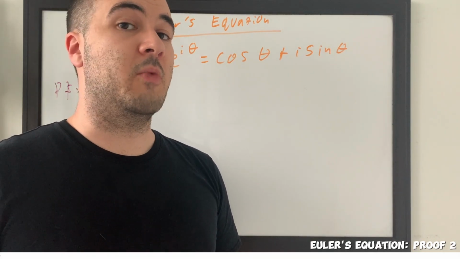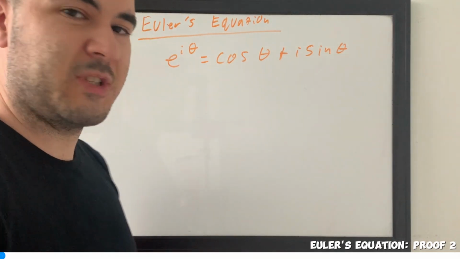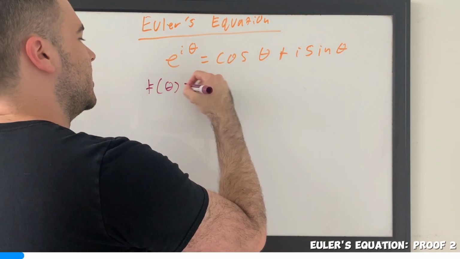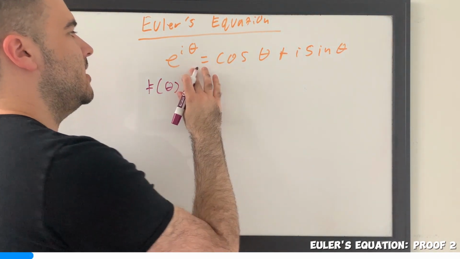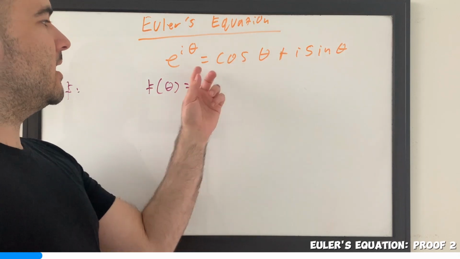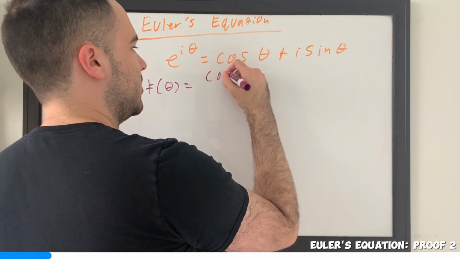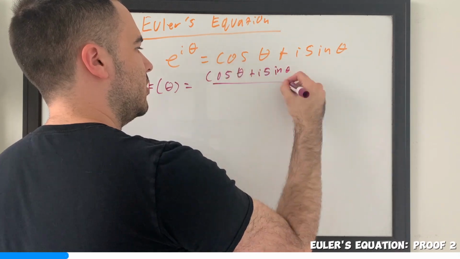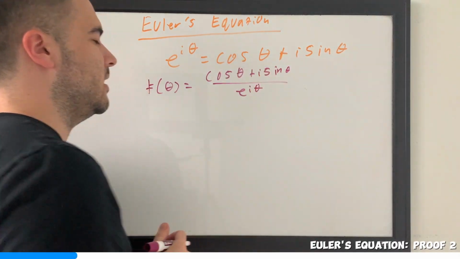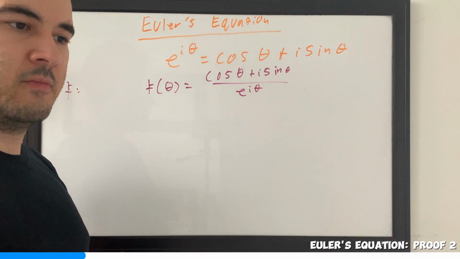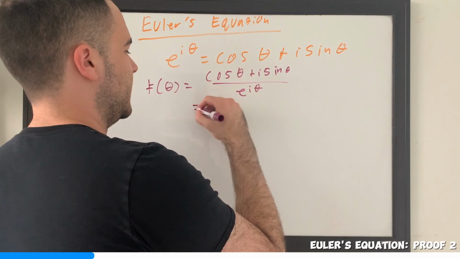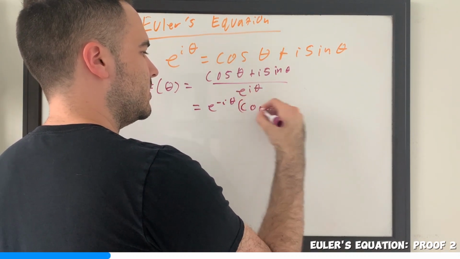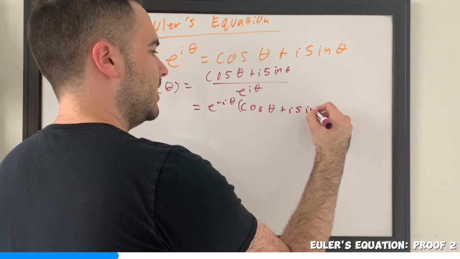Now, in my opinion, a way cooler way of showing this was actually using derivatives. So if we let f of theta be a function that is the right-hand side divided by the left-hand side. So we'll say cos theta plus i times sine theta all over e to the i theta, which we can quickly rewrite as e to the minus i theta times cos plus i sine theta.